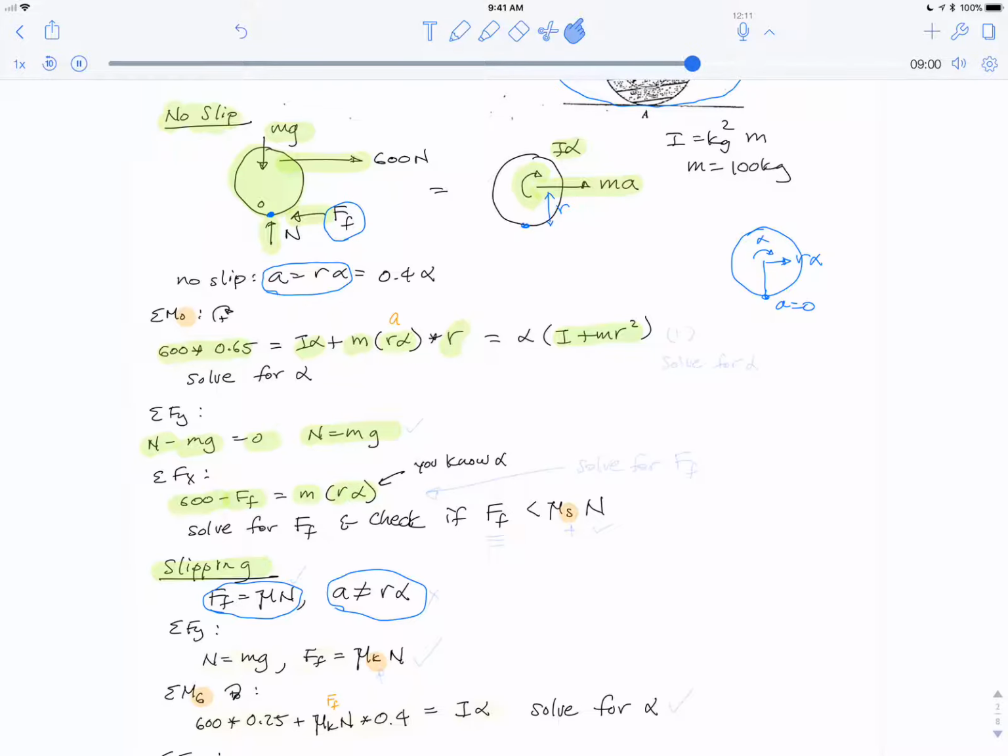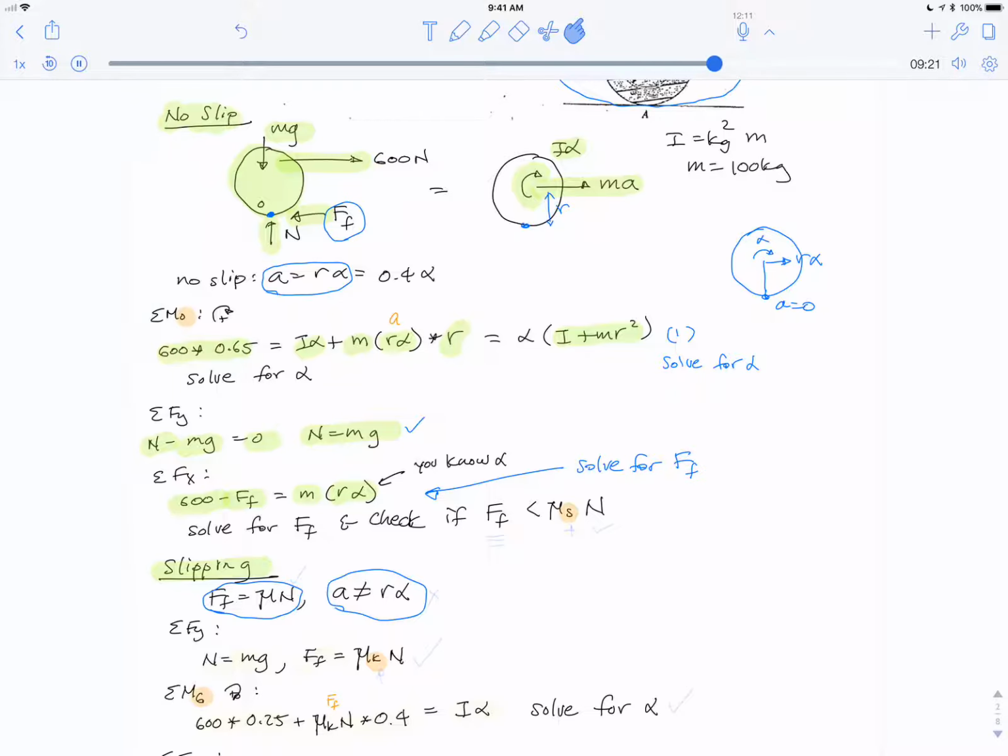So what you do, you solve this first equation here. You can solve that for alpha. You know n, and then you come to this equation here and solve that for the friction force F.